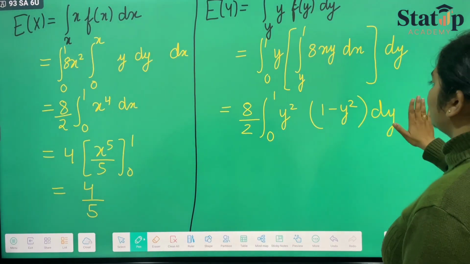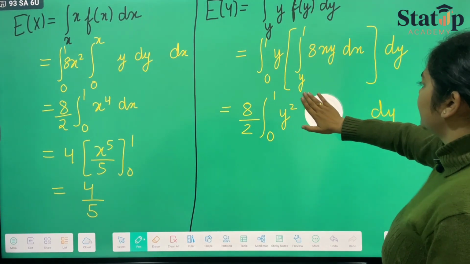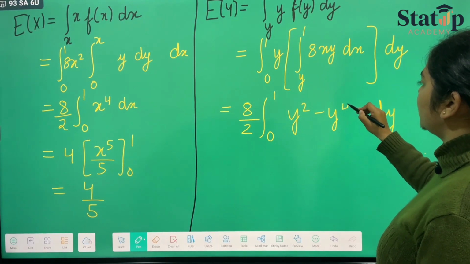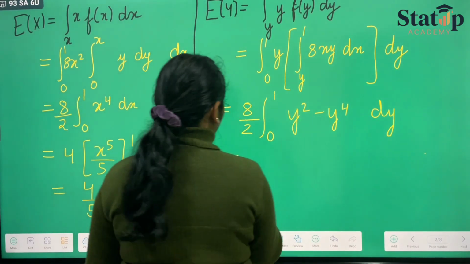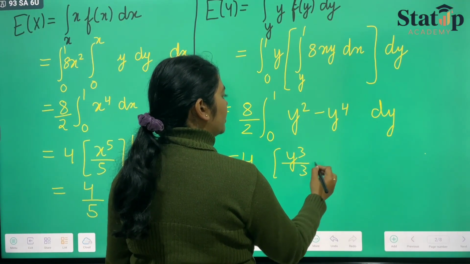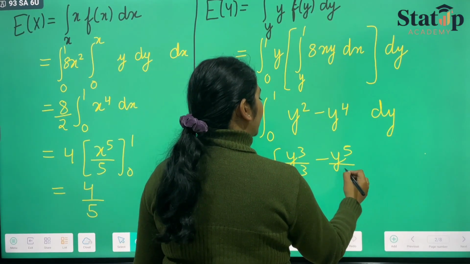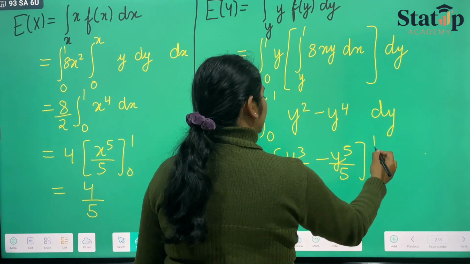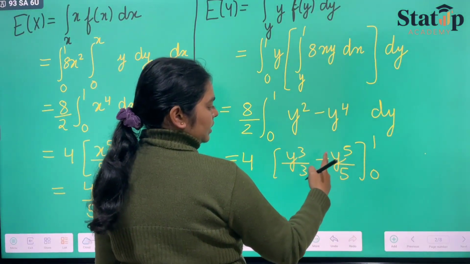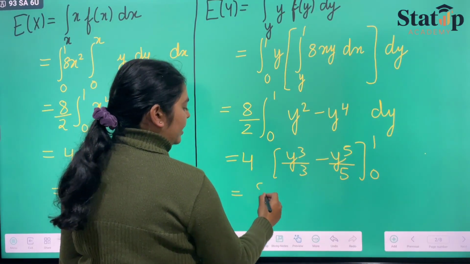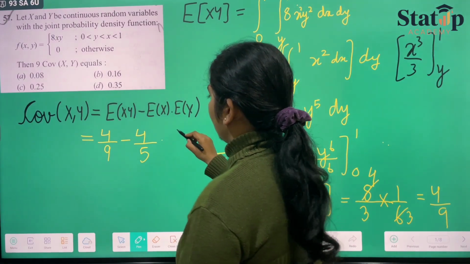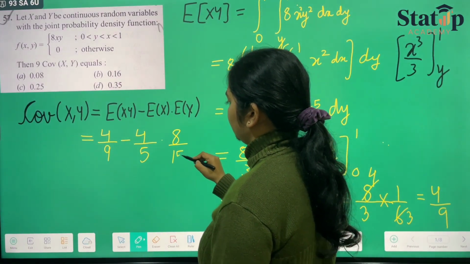Now here also we can multiply it inside, and it will be y square minus y raised to the power 4. If we do this calculation as well, it will be y cube by 3 minus y raised to the 5 by 5 with the limit 0 and 1, which will be 5 minus 3 is 2, 8 upon 15. So our answer will be 8 upon 15.